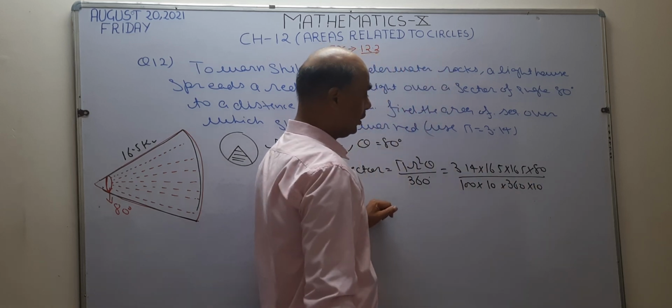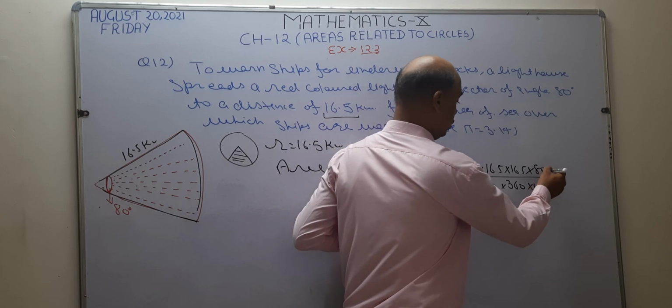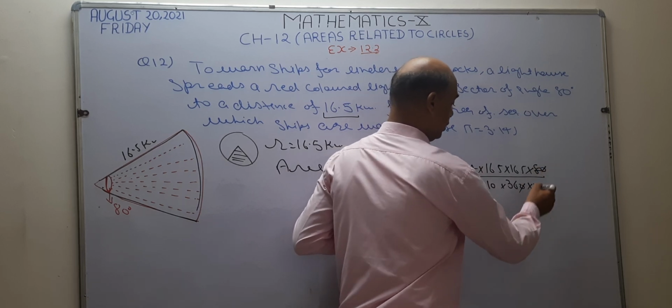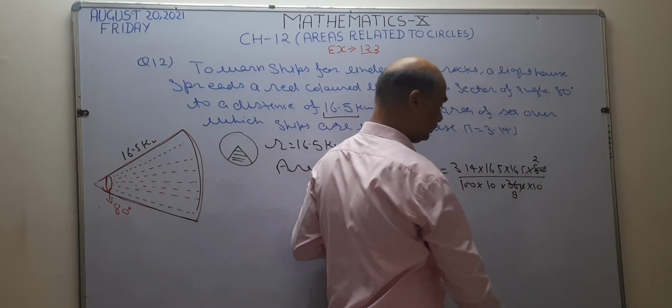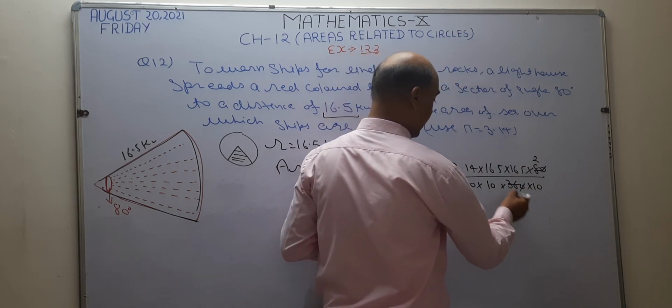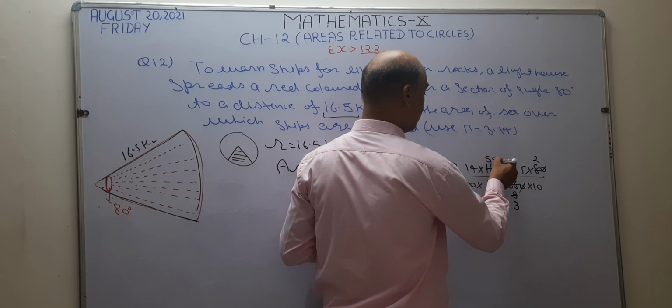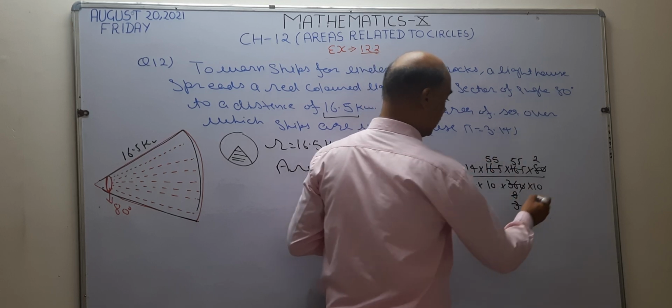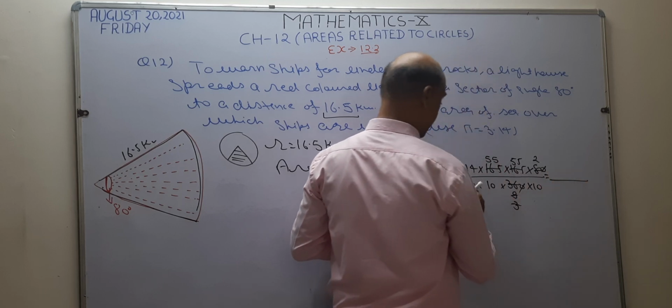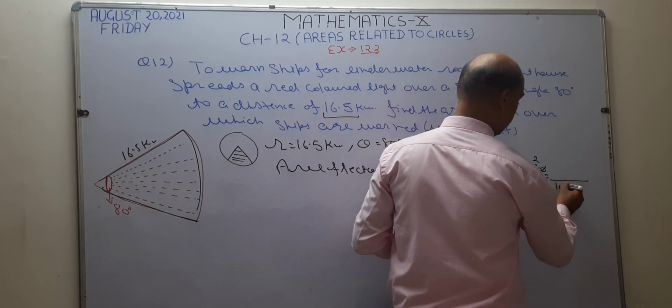Clear? Now see, this 0 is cancelled with 0. 4 2s are 8, 4 9s are 36. Now 3 3s are 9, 3 5s are 15, 3 5s are 15. Again 3 5s are 15, 3 5s are 15. Now the denominator becomes 1 2 3, 4 zeros are there.